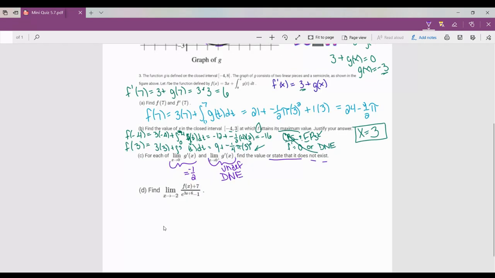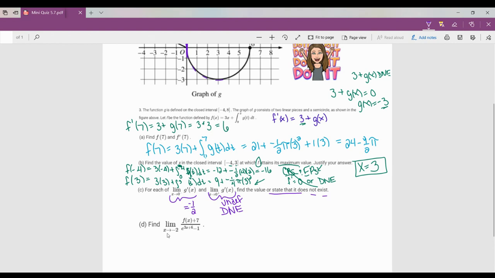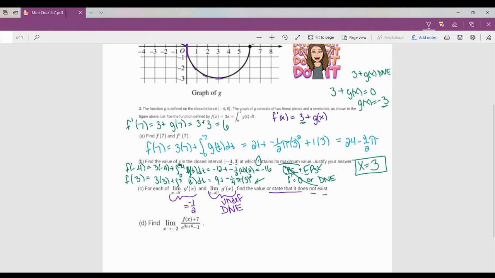Alrighty, last one. We've got find the limit as x approaches -2. The first thing we do with the limit is we plug in that x value and see what we got. Let me just change the color. So we plug in -2. So we've got f of -2 plus 7 over e to the 3 times -2 plus 6, minus 1.